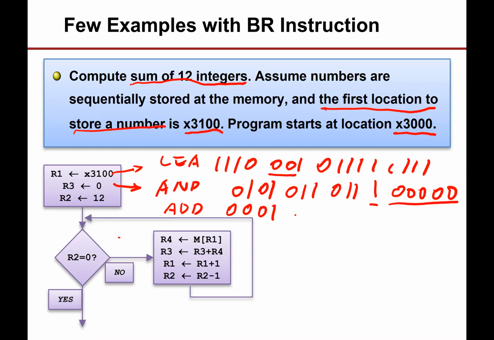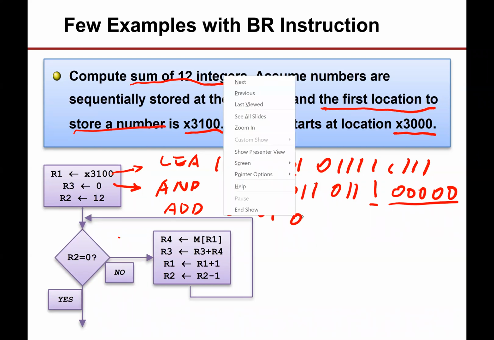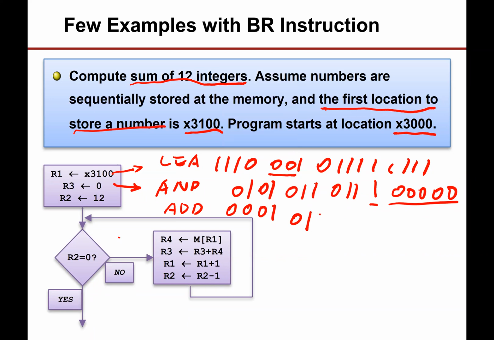And then the register, and for this one it's also using the immediate mode. And here is the decimal number 12. 12 is 8 plus 4, so this means 0, 1, 1, 0, 0.